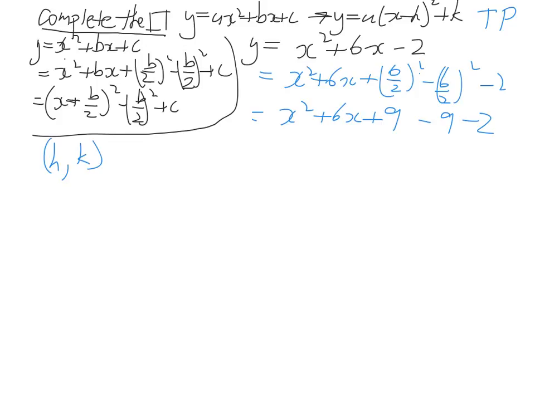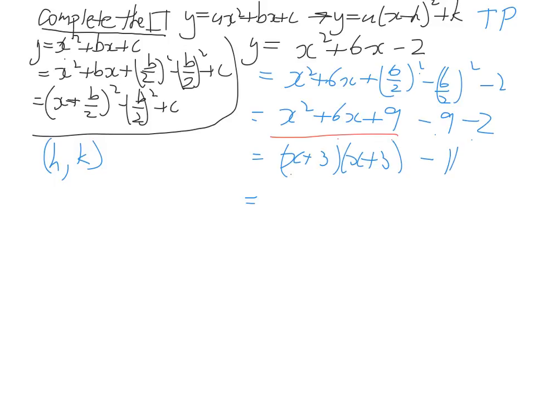Now what we do is we factorise that. We want two numbers that multiply to make 9 and add to make 6. Well, there's only one, and that is 3. So this becomes x plus 3, x plus 3. We've got negative 9 minus 2, which is minus 11.